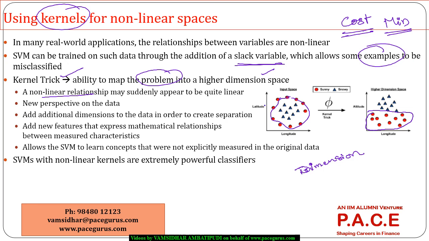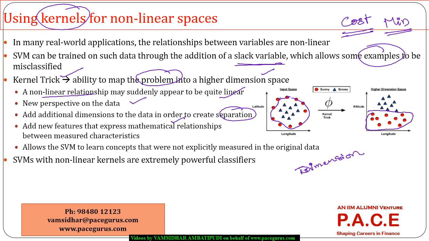So a non-linear relationship can get converted into a linear relationship by applying different kinds of kernel tricks on the data. So we are looking at the data from a completely new dimension, so that the overall separation between the data can be done quite comfortably.